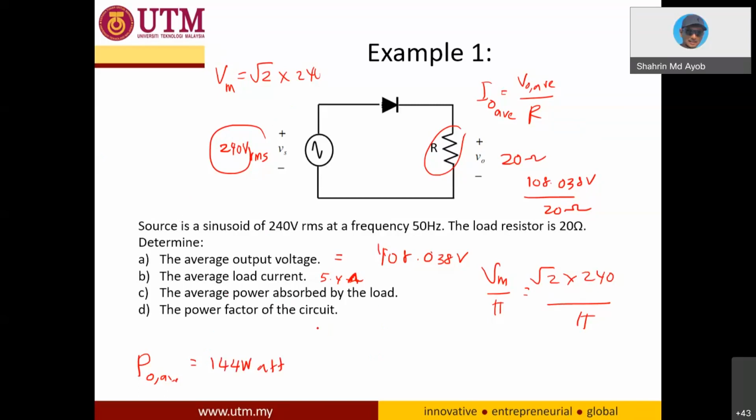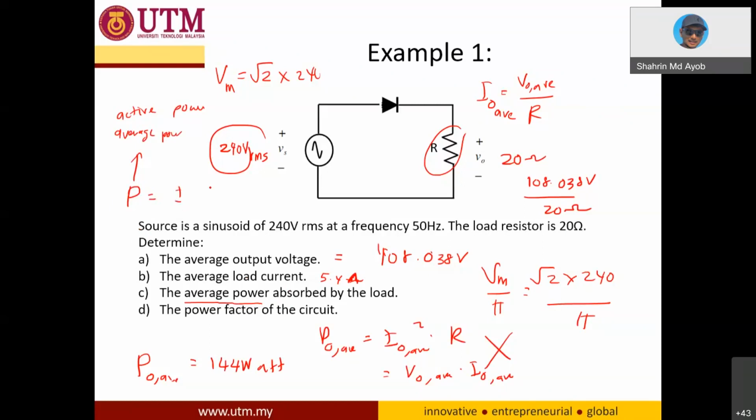So just to remind you, if you see this average power, it is not I out average squared multiplied with R, or V out average multiplied with I out average. This is incorrect. Average power refers to P, which we call active power, and sometimes also average power. For this kind of circuit, P is I out RMS squared times R, or V out RMS squared over R, or V out RMS multiplied with I out RMS.